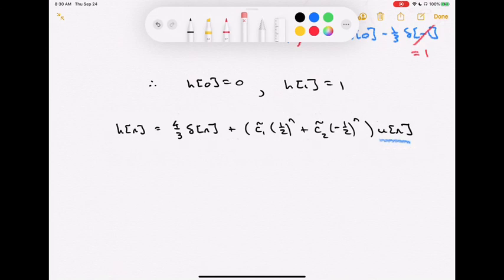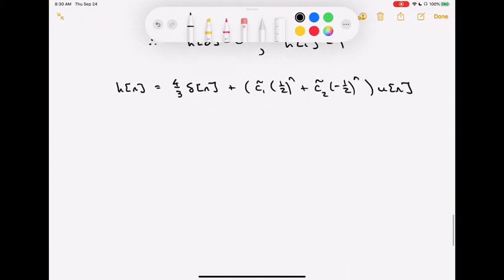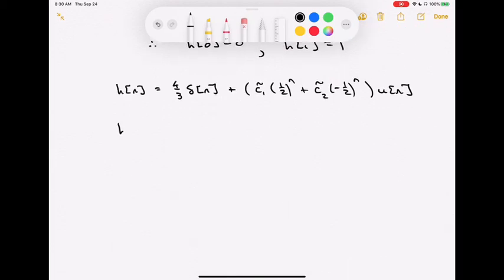And what I would like to do in this particular case is use these initial conditions. So what can I do here? I can say h of 0, which we calculated as 0, is going to be equal to 4/3 delta 0, right? Just following the right-hand side of that closed form expression. And I'm going to have a plus C1 tilde, 1/2 to the 0 is just 1, right?